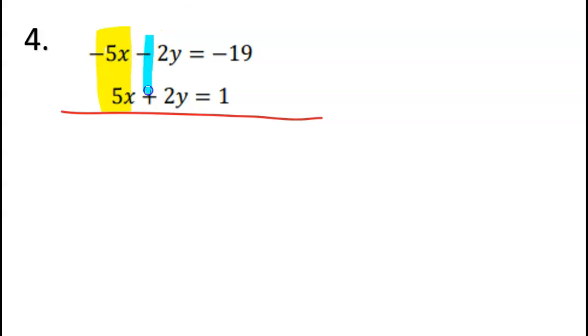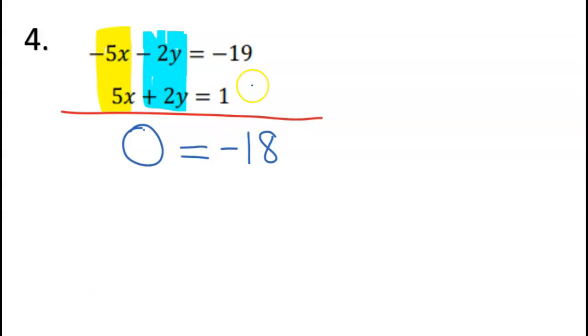And so then I add these two together. And what happens? They both cancel out. When they are canceling, negative 5 plus positive 5 makes a 0. This whole side zeroes out on this particular problem. And if I add that, I get negative 18. The x canceled out, the y canceled out, and over here I got a negative 18.